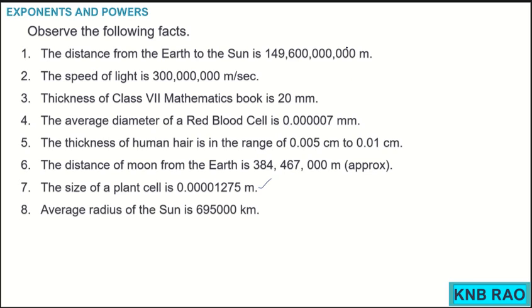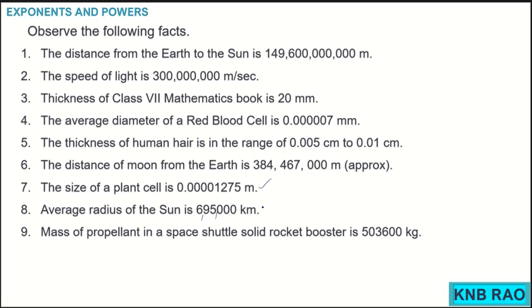The average radius of the sun is somewhere around 695,000 kilometers.